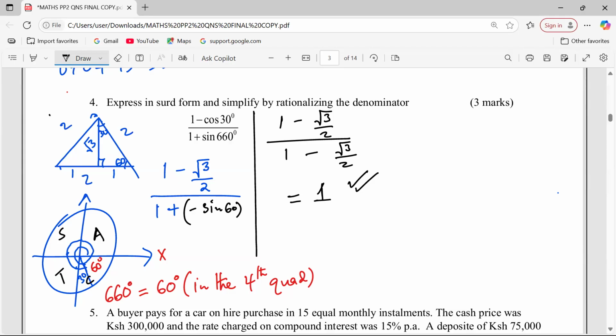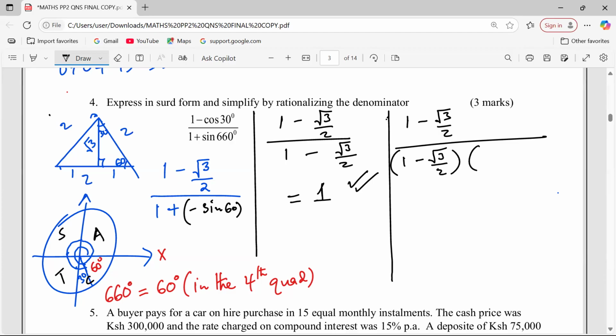Or let's rationalize and confirm whether the answer is 1. When we rationalize, it shall be 1 minus root of 3 over 2 divided by 1 minus root of 3 over 2. Then we multiply by 1 plus the conjugate, root of 3 over 2, also multiplying the numerator by 1 plus root 3 over 2.